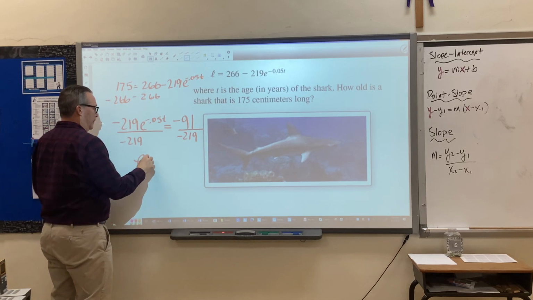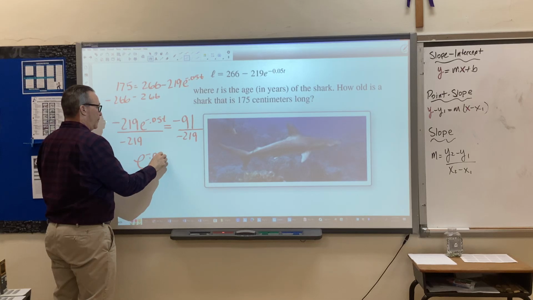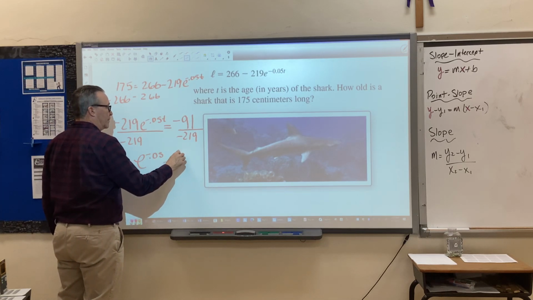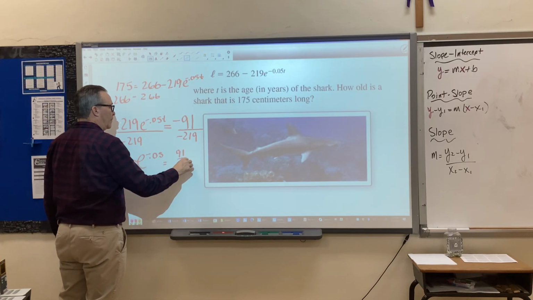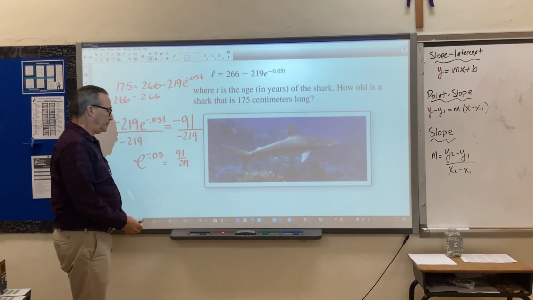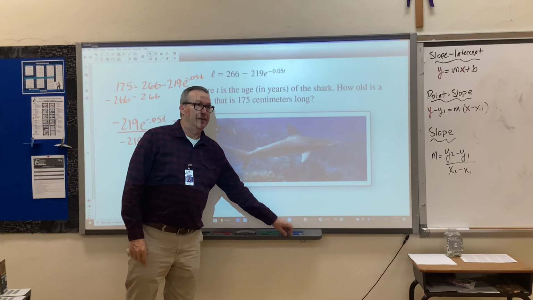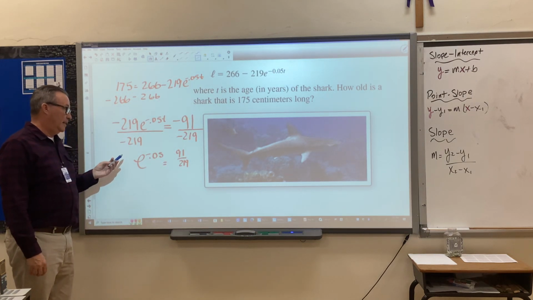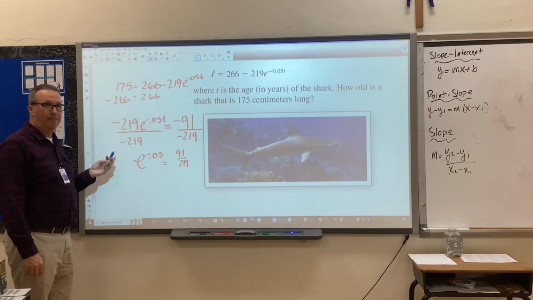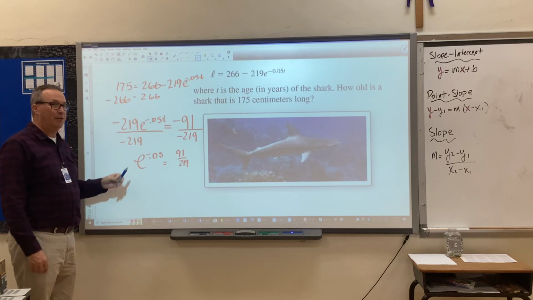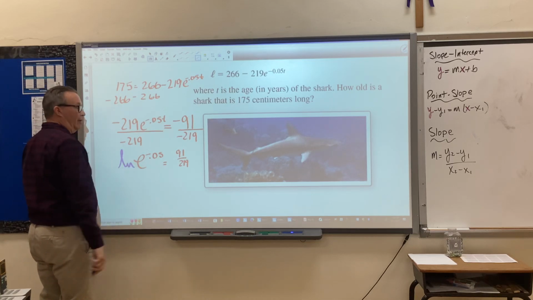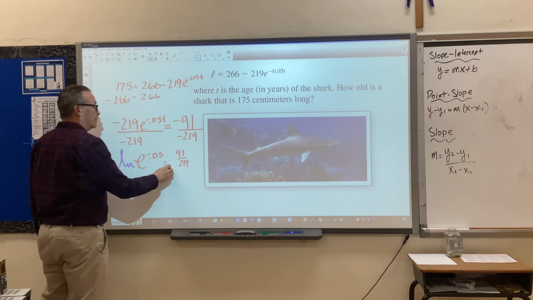Okay, so I have... and then you could write this as a log, or you can undo an exponential with e as the base of the number by just taking the natural log, with log base e on both sides.